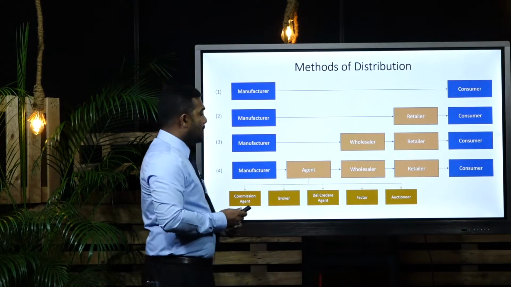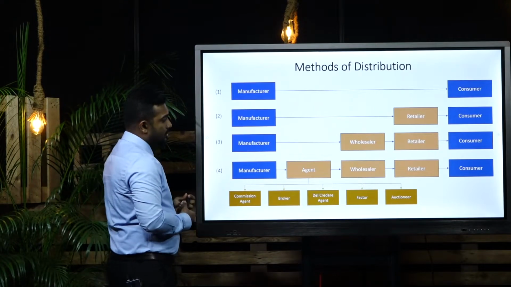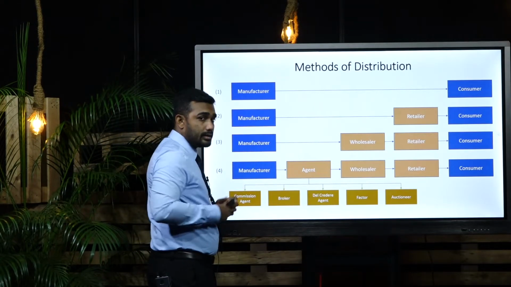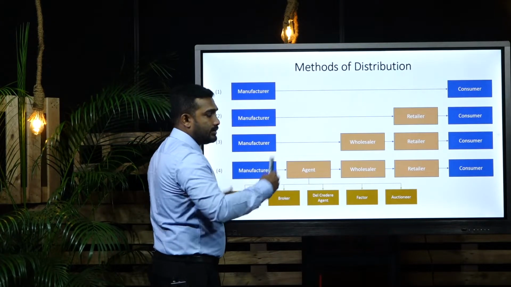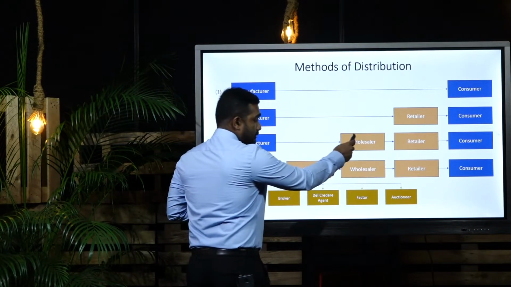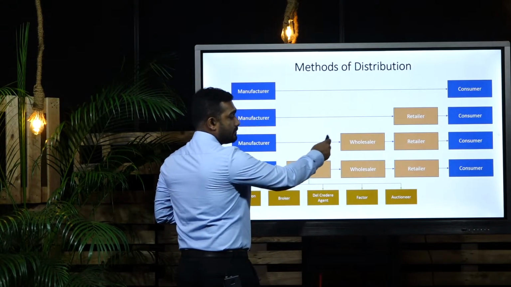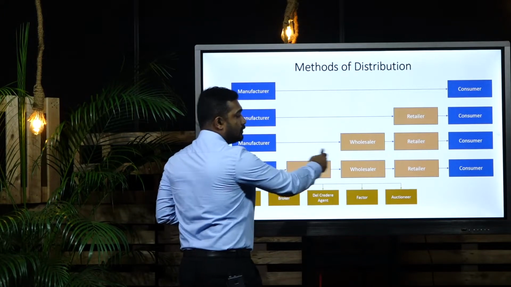Okay. The third one, where now there are two intermediaries. The process is getting more complicated. So here you have a wholesaler. Other than the retailer, there is a wholesaler.